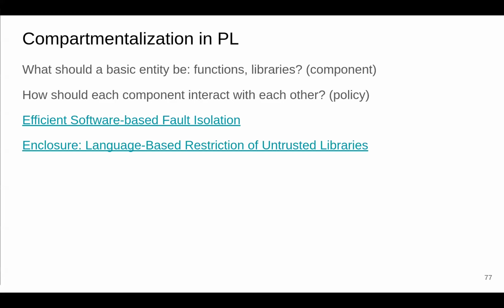There's an enclosure paper, language-based restriction of untrusted libraries, where you can compartmentalize libraries on their own based on whatever data they use, giving you the power of using compartmentalization as a language feature, similar to memory management or thread concurrency management. Compartmentalization must become a language feature to actually enable this throughout all the different targets.